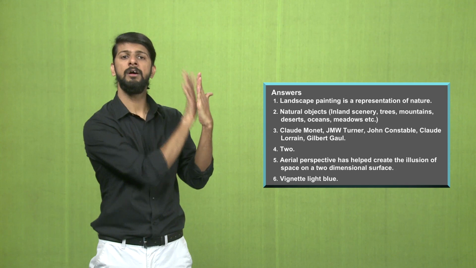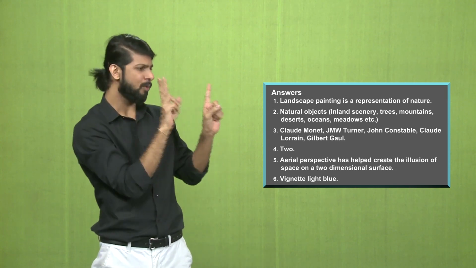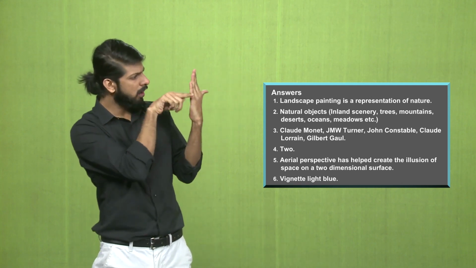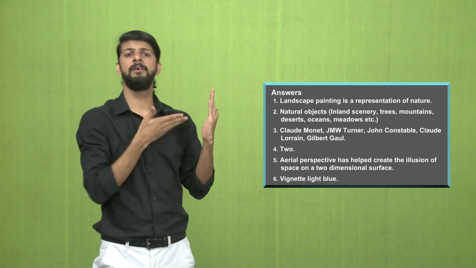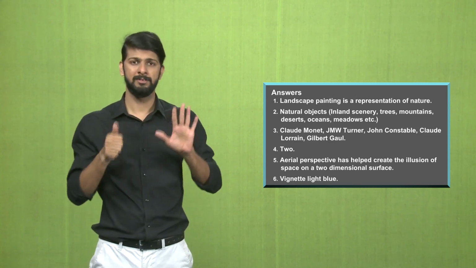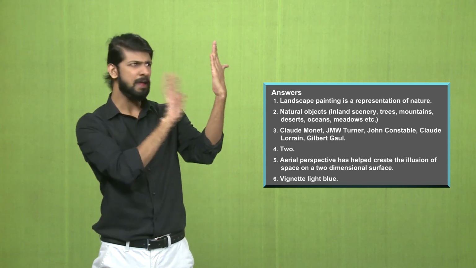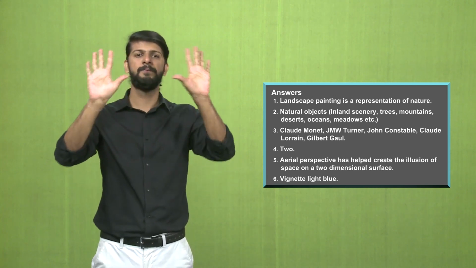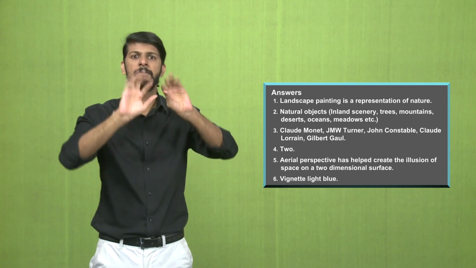This space, this illusion has been created by the aerial perspective, which is giving a 3D kind of an effect in a 2-dimensional surface. Answer number 6. The background sky is a vignette light blue.